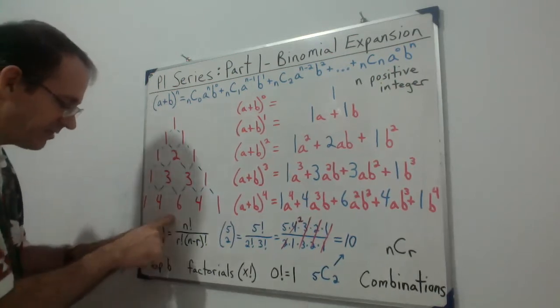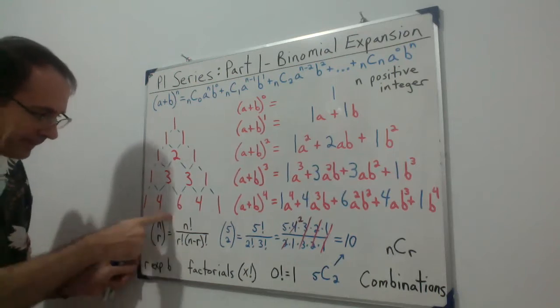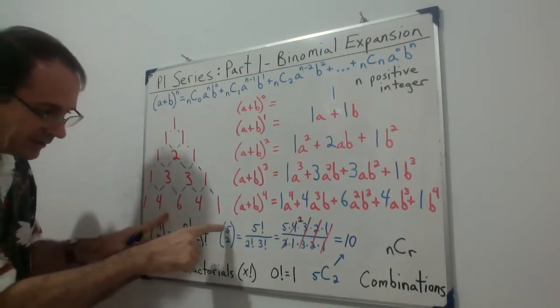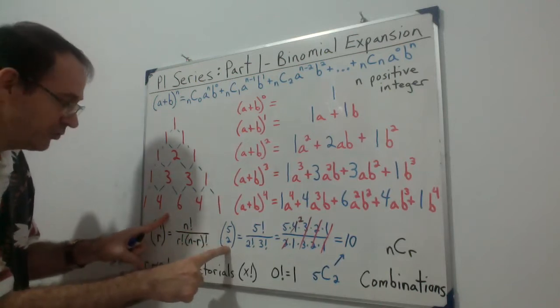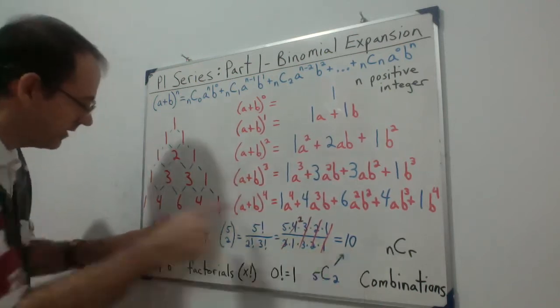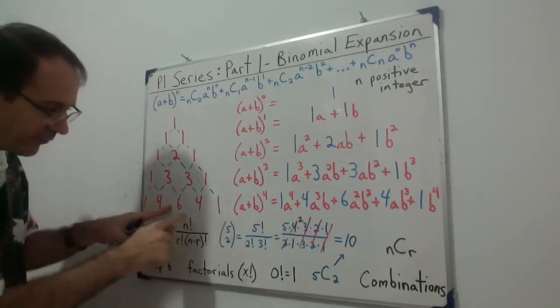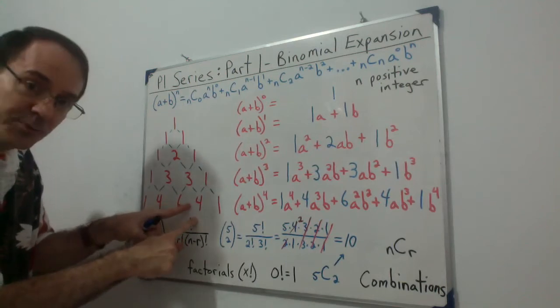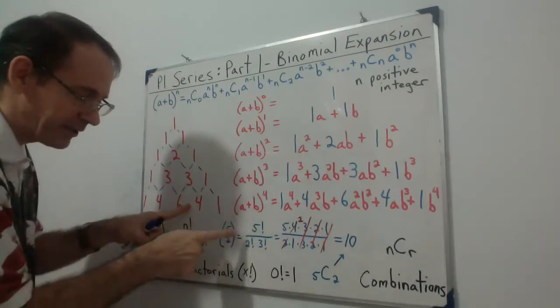So notice that the next one, so here's b to the 0, b to the 1, b to the 2. Here's our 5th level. When the b exponent is 2, it is 10. 4 plus 6 is 10. Notice 5 choose 3 would also be 10. You can try that in your calculator. Try doing factorials.